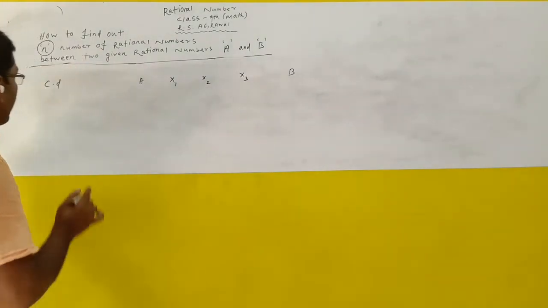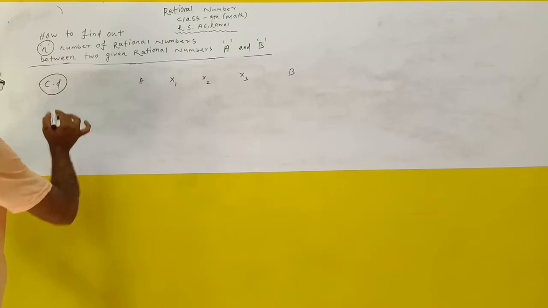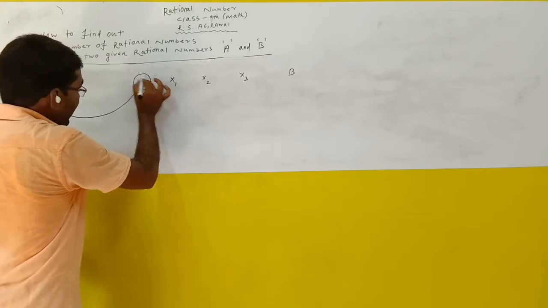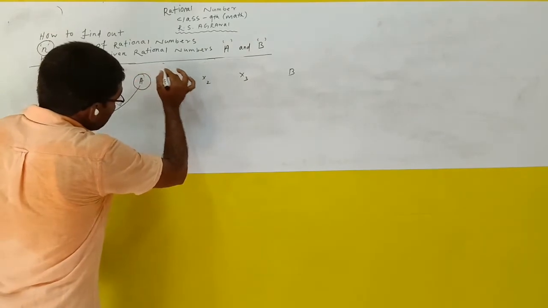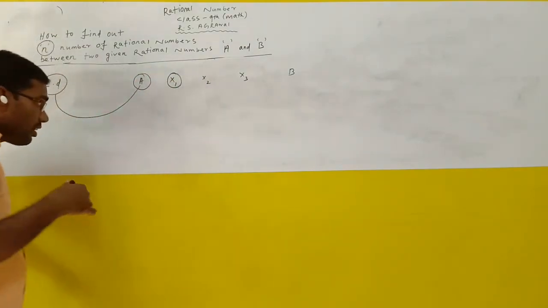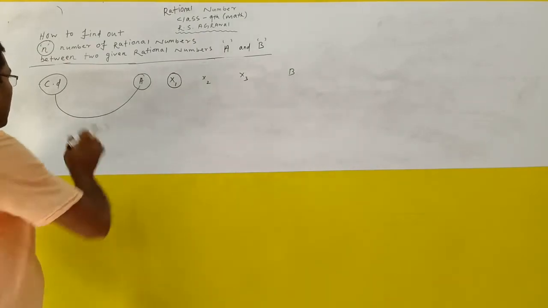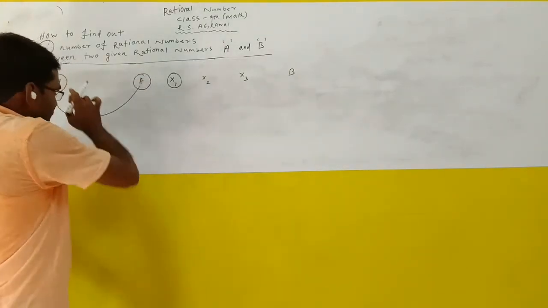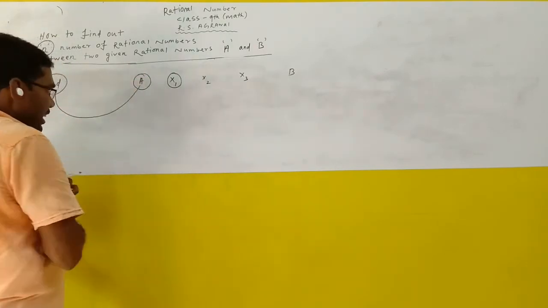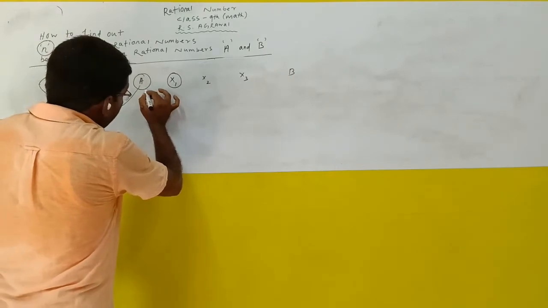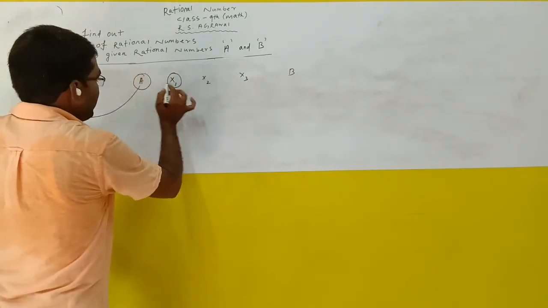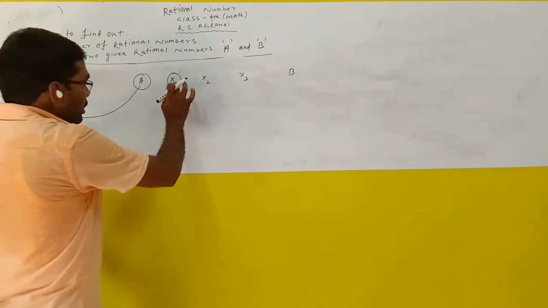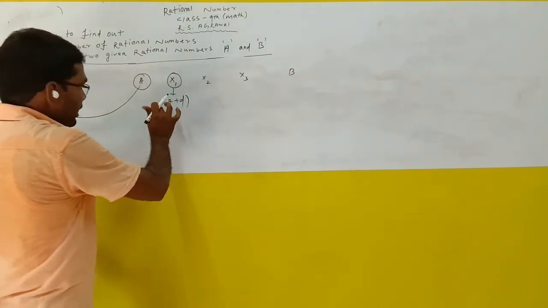After finding the common difference, it is added to the first given rational number A, and you get the next rational number, that is x1. So x1 equals a plus d.